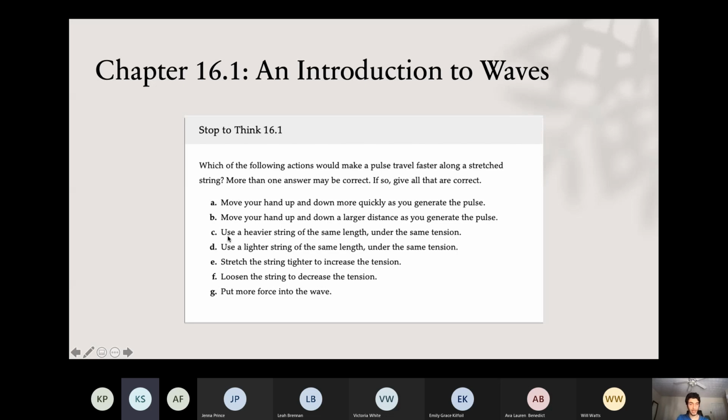Now, use a heavier string of the same length under the same tension. Would that increase the wave speed? Yes or no? Need someone to say something.